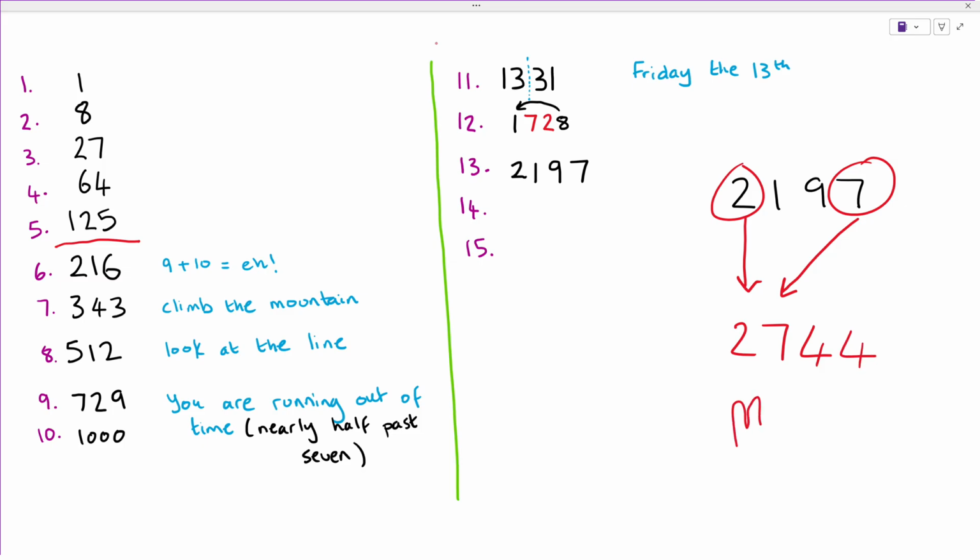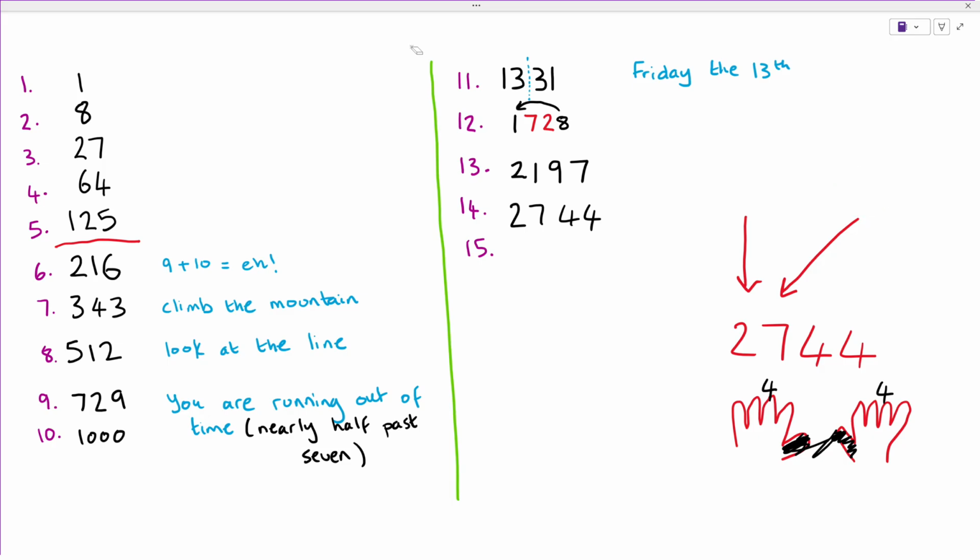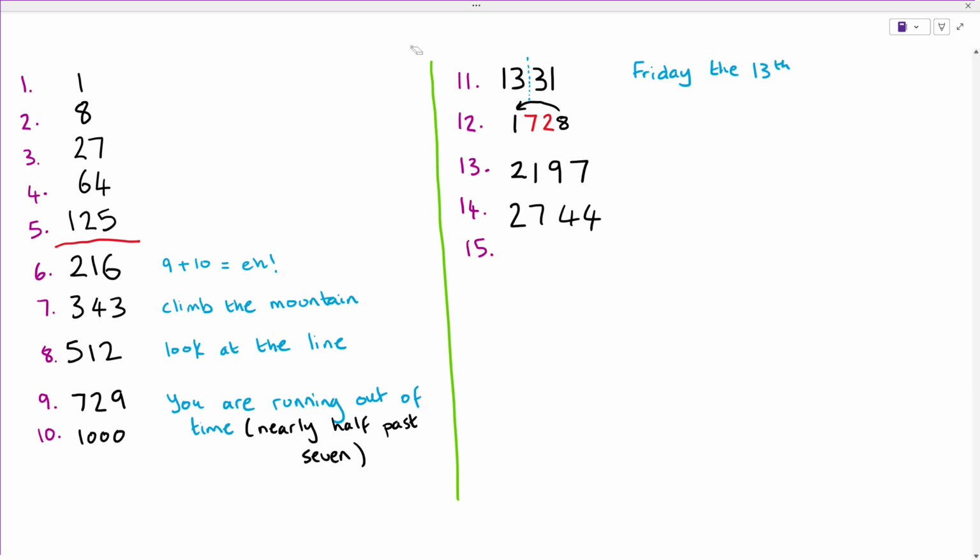There's 1, 2, 3, 4 fingers. So what I do when I'm teaching, I hide my thumbs and I end up with 44. So 27, 44. I know it sounds weird. I might have to do it actually on a video. I might do that, but we'll see.